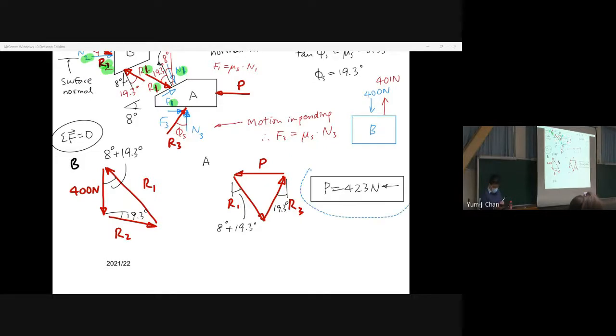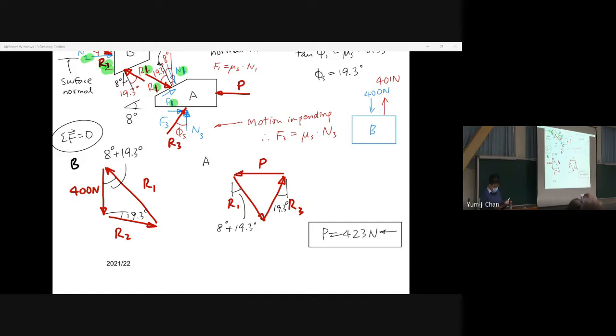Let me put it like this. For this case, let's say we have P2, and if P2 is 401 newtons, it will go up, right?